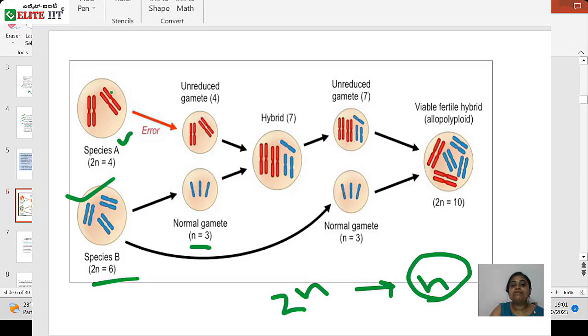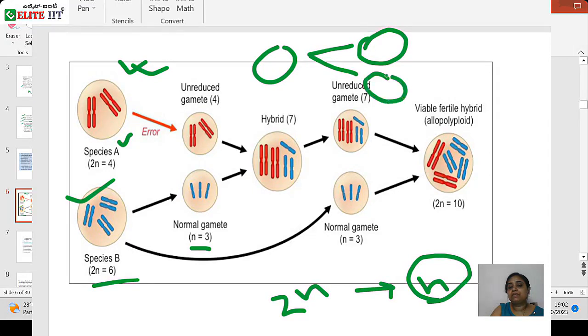Now, if you consider species A, if there is any abnormality during the meiosis process, this reduction is not happening. That means when gamete formation is happening, due to abnormalities, the same number of chromosomes are present: 2n from 2n. It is not converted to n.